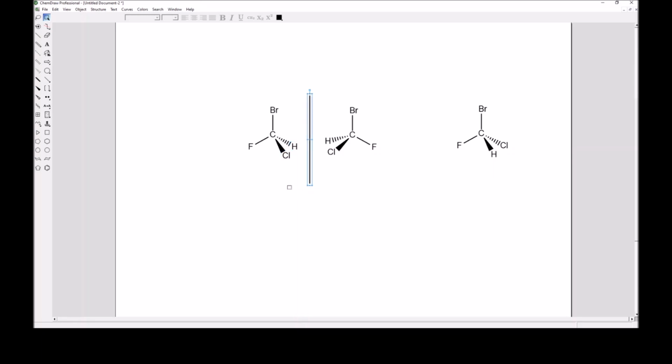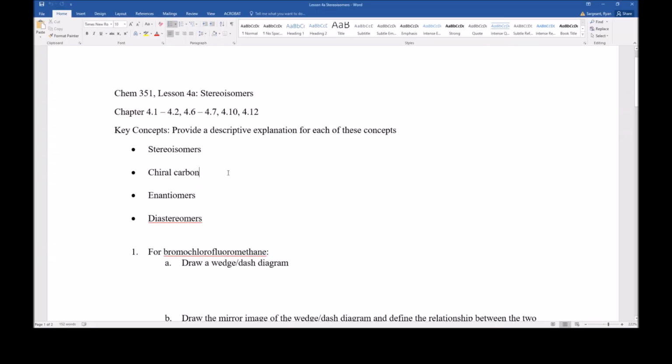Well, one of the things that we have here is a carbon with 4 different atoms coming off of it. And we'll find that when you have a carbon with 4 different things coming off of it, that carbon has some unique characteristics. In fact, that carbon is called a chiral carbon. This is one of the definitions that we need right here.